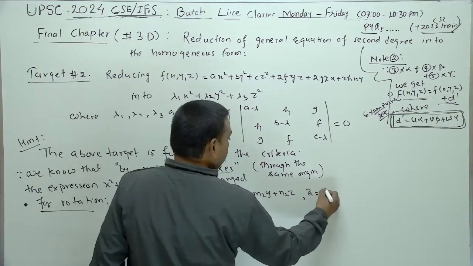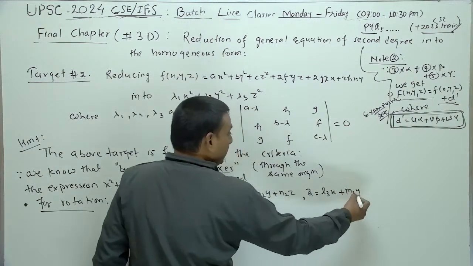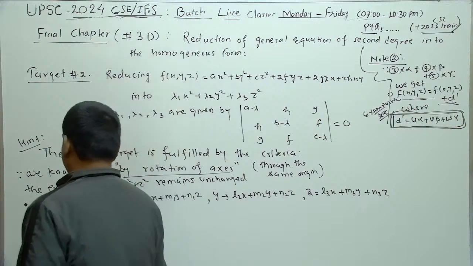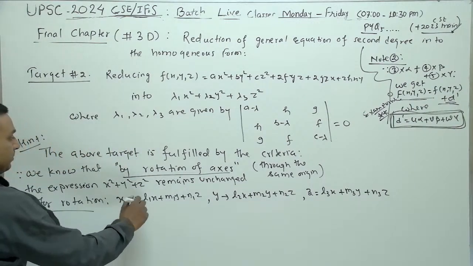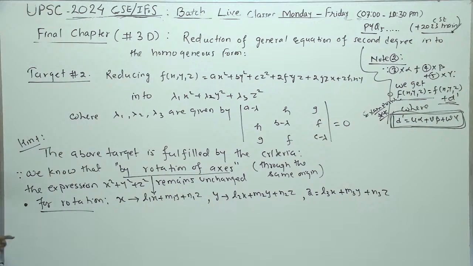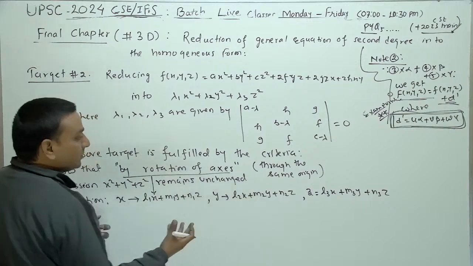We replace z by L3x plus M3y plus N3z. Okay? So that is just simply implying rotation of axis, x y z we have rotated, so we got some variables like this.